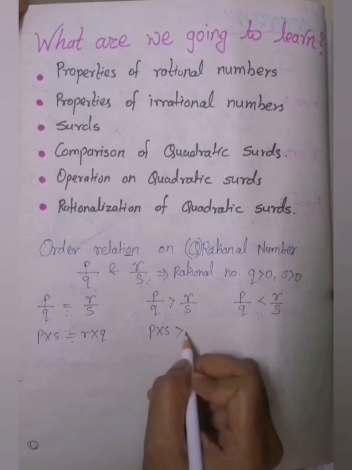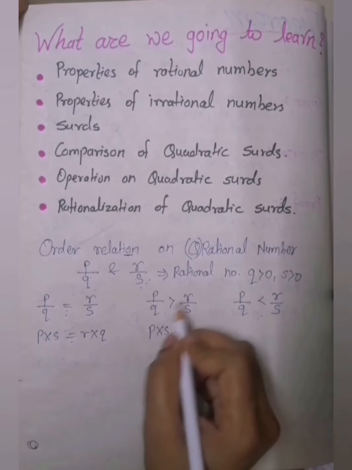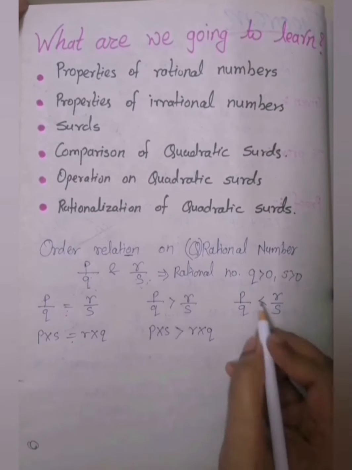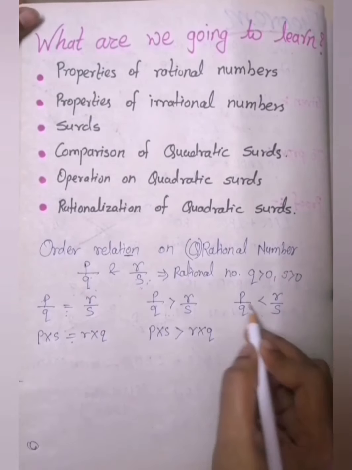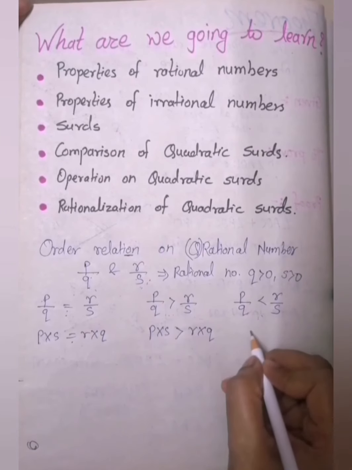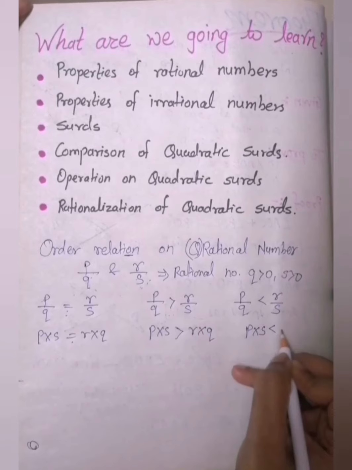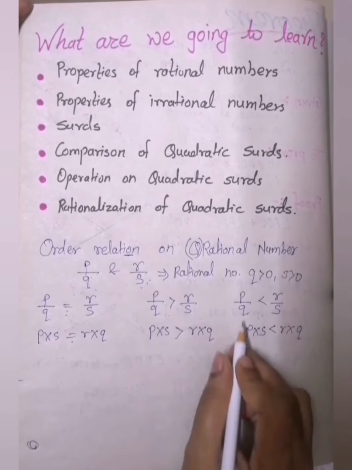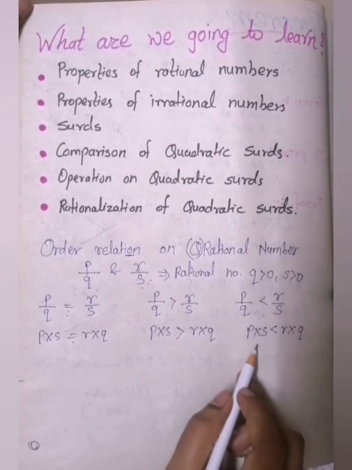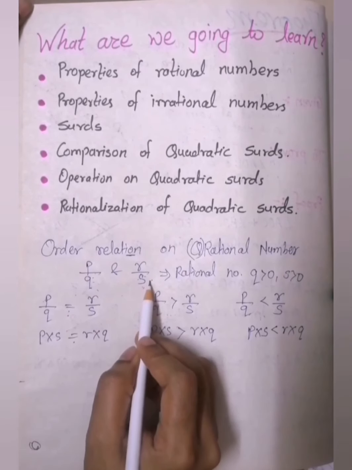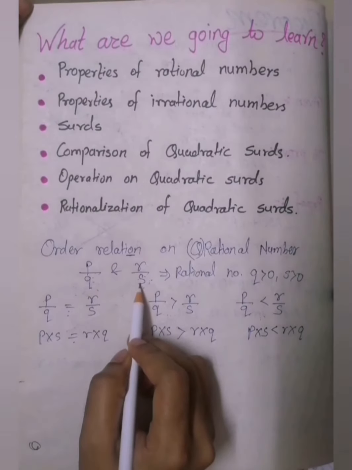There is a greater than, so write greater than. After that multiply, R multiply Q. Then look at the third relation, which is less than. Same, we multiply with each other: P multiply S is less than R multiply Q. Clear students? So these three relations come under two rational numbers when we compare them with each other.